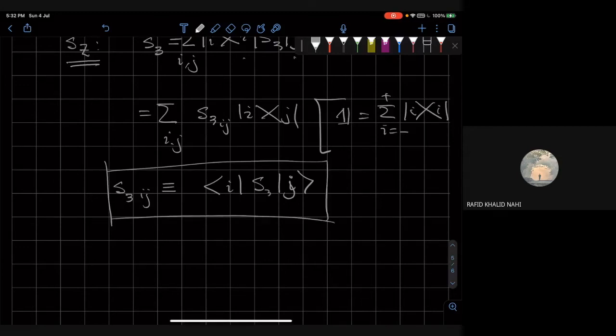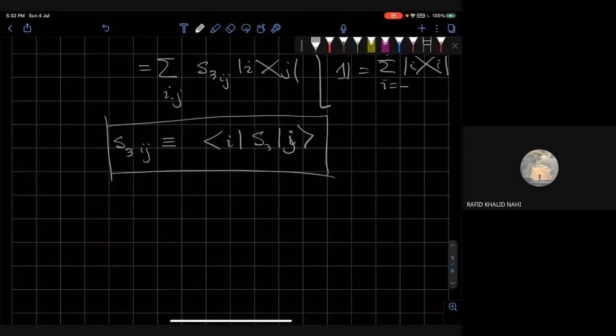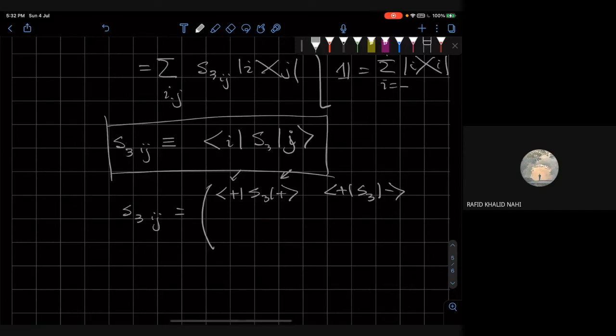So if I choose my basis, let's work this out. S3ij is going to be <+|S3|+>, so this is the row, then <+|S3|−>, so this is the column, then <−|S3|+>, and <−|S3|−>.